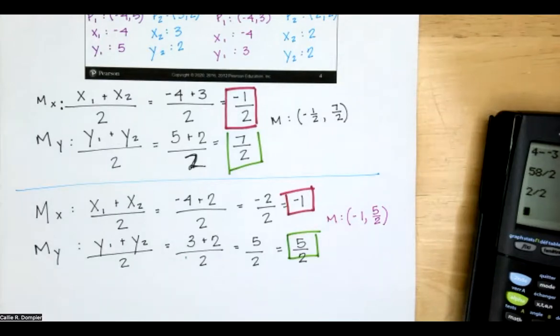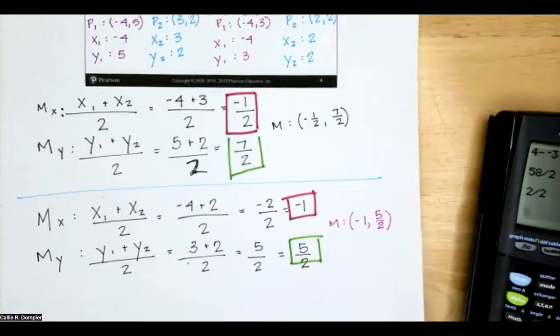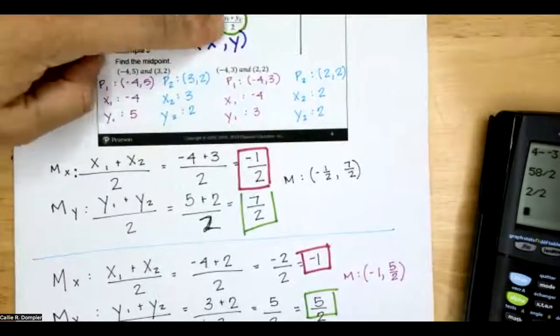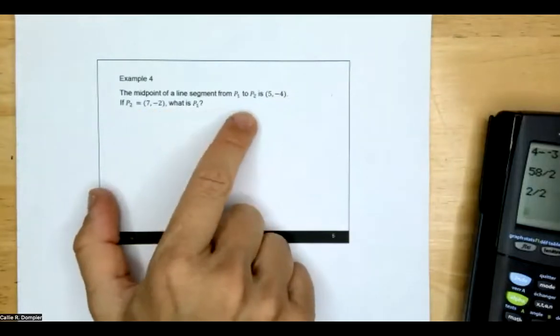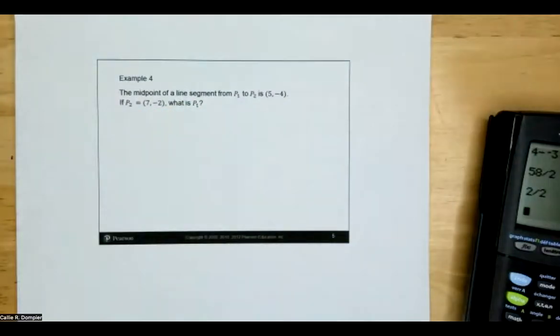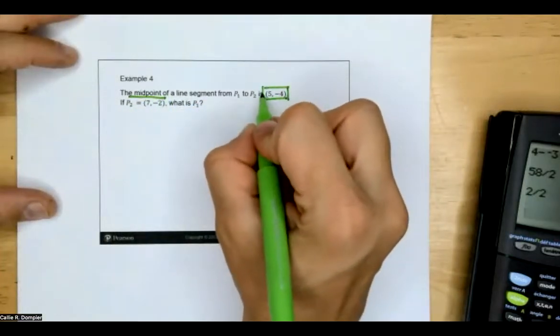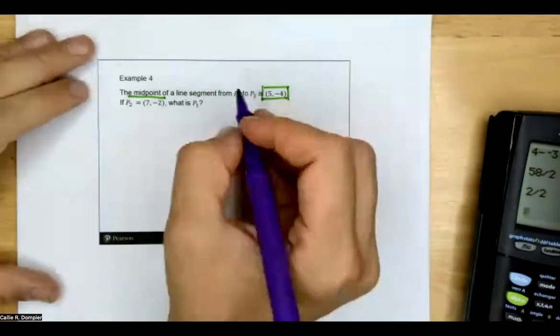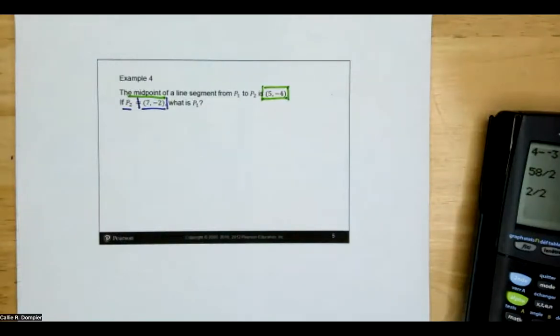All right, the last part of these examples is using the midpoint formula, the same formula, but instead of finding the midpoint, we know the midpoint. We know that the midpoint is 5, -4, and we know that P2 is 7, -2, but we don't know P1. So let's write down what we know.